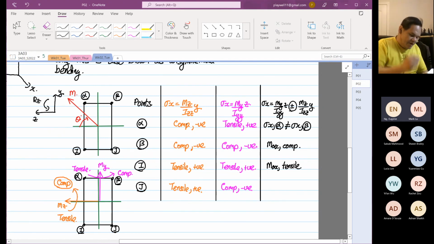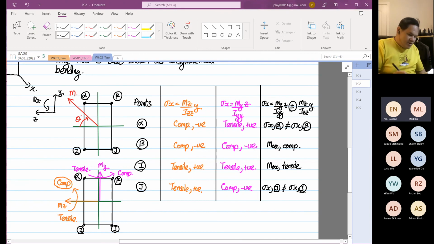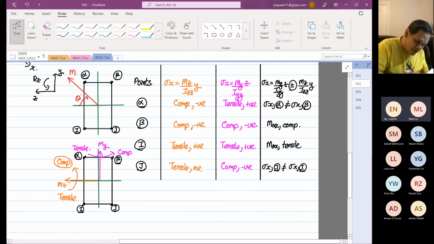Likewise, at point J, stress X will not be equal to stress X at point I. Under this condition is what we call unsymmetrical bending.